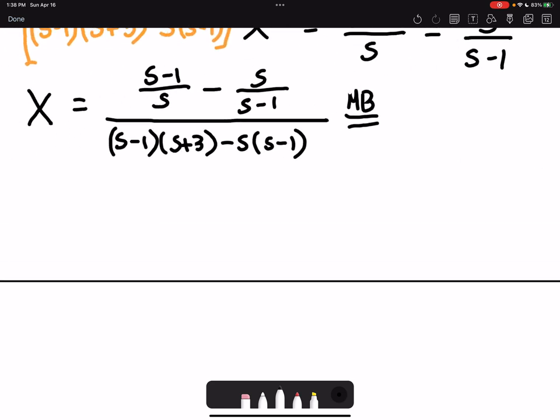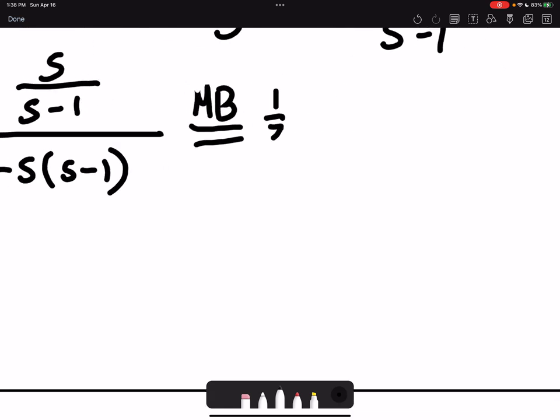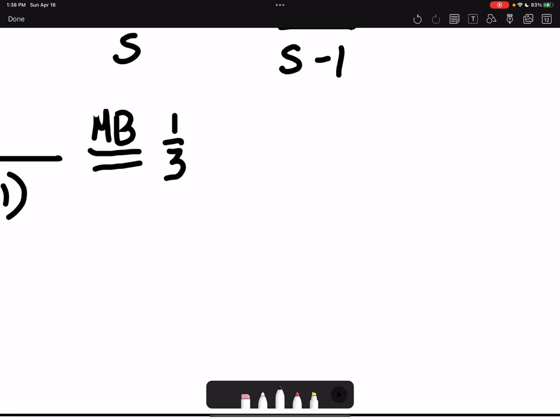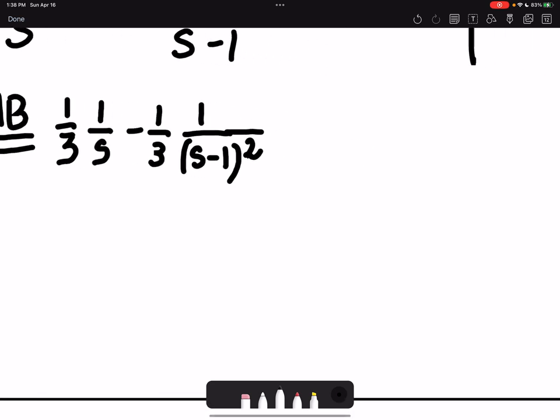So for the first one, with the S minus 1, I get 1/3 times 1 over S minus 1/3 times 1 over S minus 1 squared minus 1/3 times 1 over S minus 1.